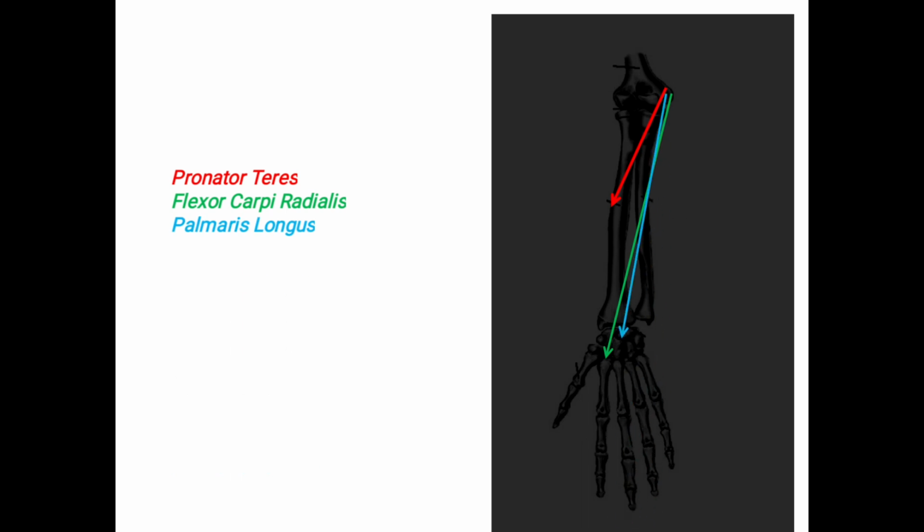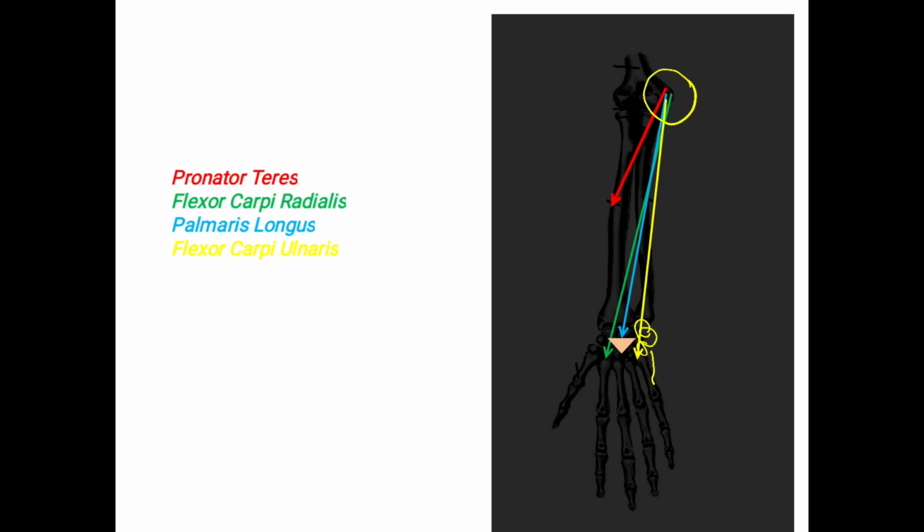And it is inserted at the palmar aponeurosis. So again, the origin is common, medial epicondyle. And the last one is the flexor carpi ulnaris. Again, has origin from the medial epicondyle and inserted to the pisiform, the hamate, and the base of the fifth metacarpal bone.